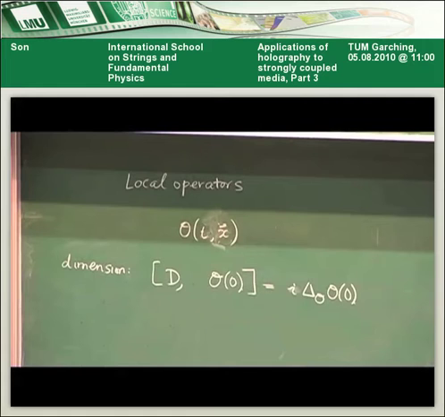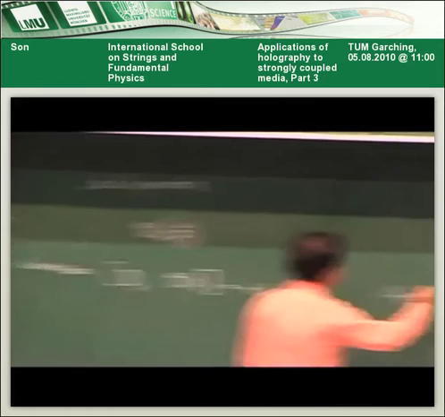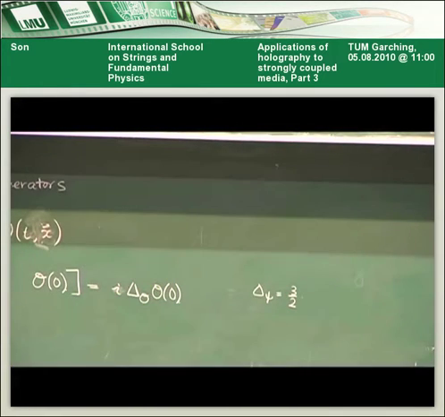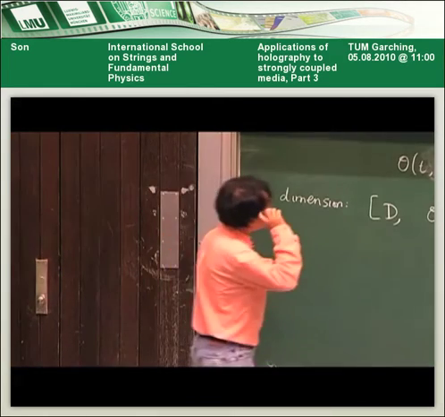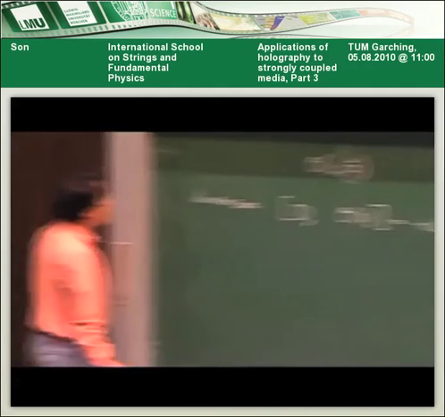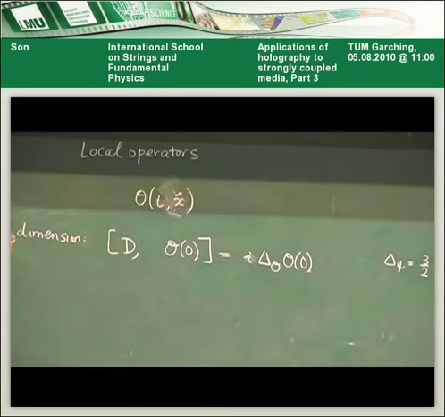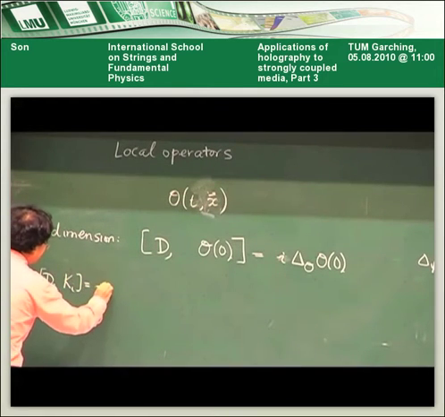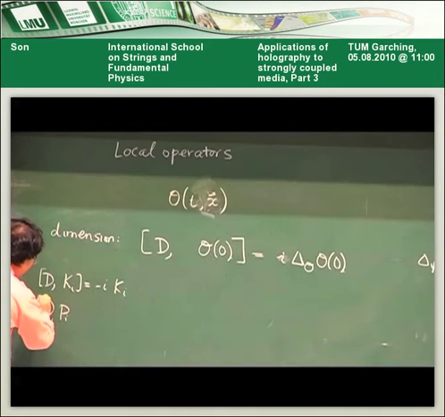So for example, the dimension of psi is equal to 3/2. You can also convince yourself from the algebra that the dimension of K is -1, and the dimension of momentum is +1.